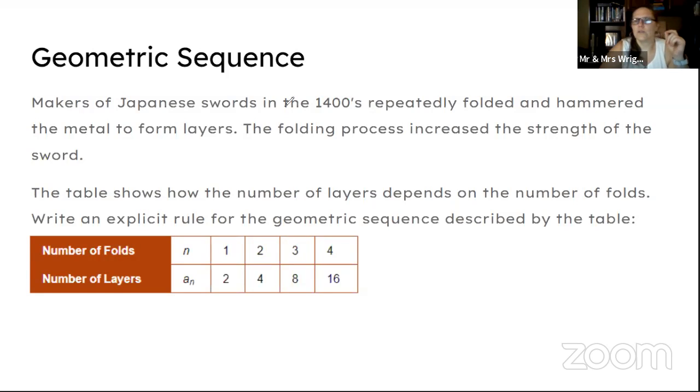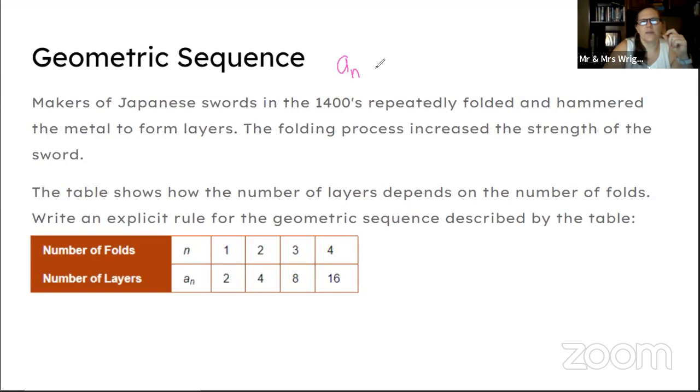Now, hopefully you followed directions and you wrote down your explicit rule in your notes. So remember, that's going to be A sub n is A sub 1 times the rate to the power of n minus 1. So let's look at this information and see if we can figure out what these letters are that we can sub in for some numbers.